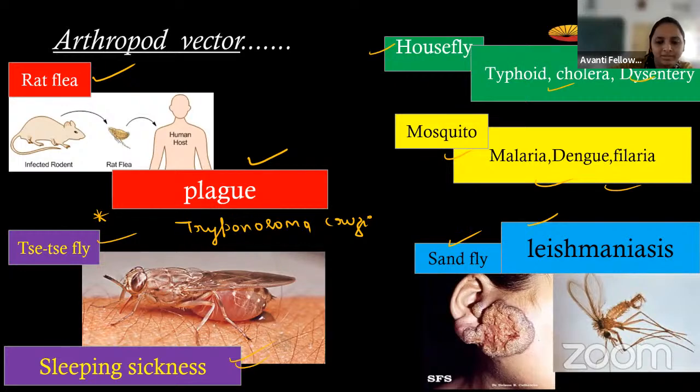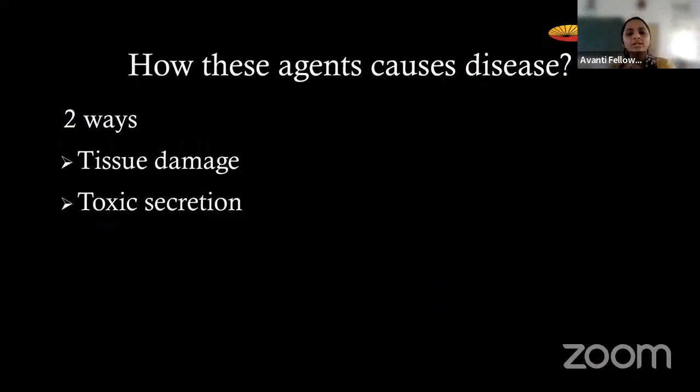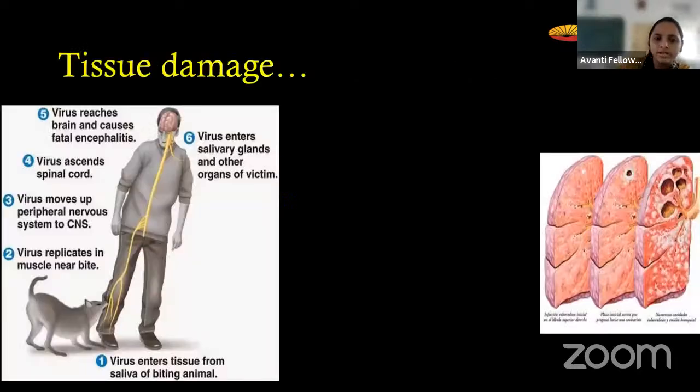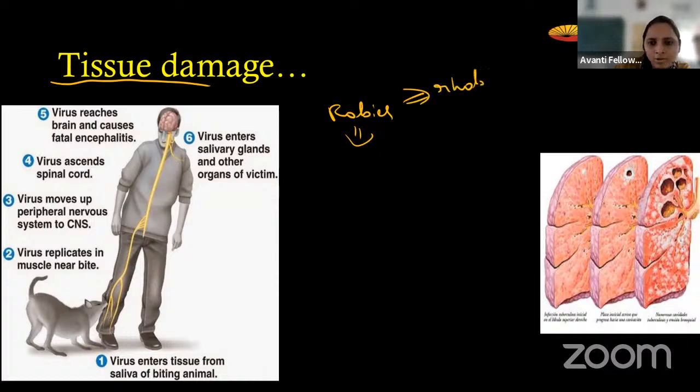Okay, fine. So how is the disease going to be caused? There are two ways: one is through tissue damage and the other is through toxin secretion. What is happening in tissue damage? Here I have taken the example of rabies. In the case of rabies, it is caused by the rhabdovirus.